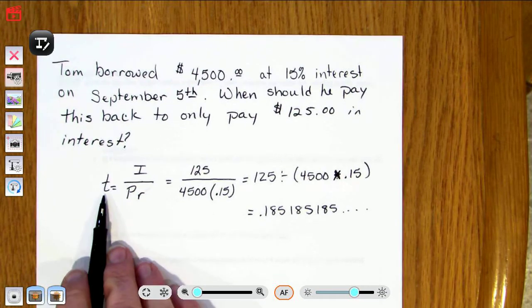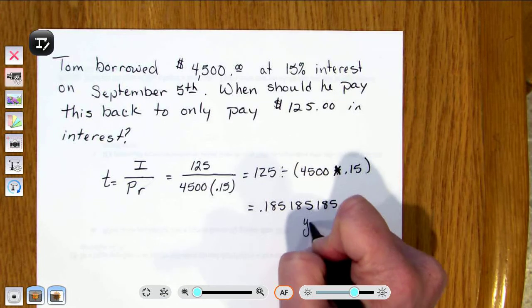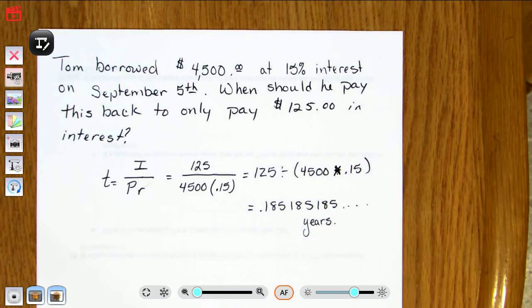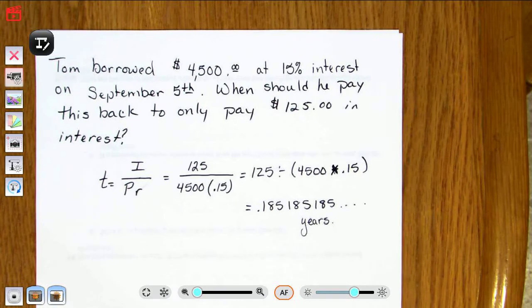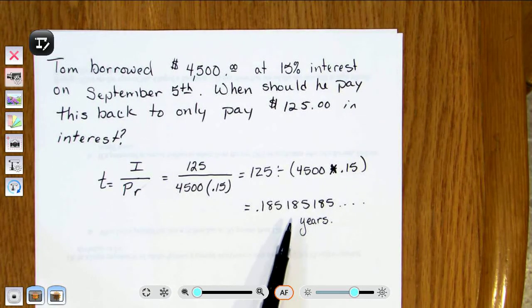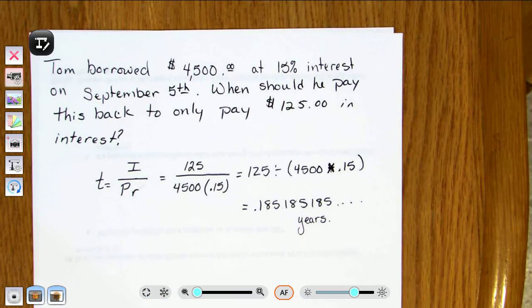Now time, when we've been dealing with our problems, is in years. So 0.185 roughly years. In order to turn this into something that we can use in order to answer our question, we need to turn this into days. So I could find out how many days past this guy do I need to go.